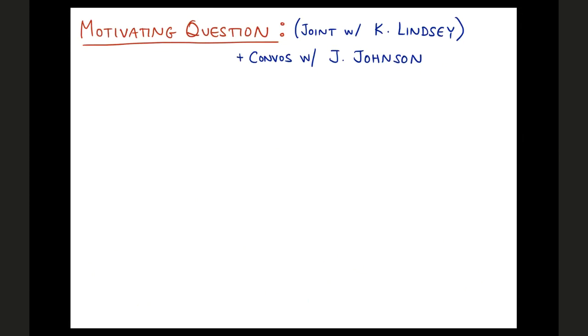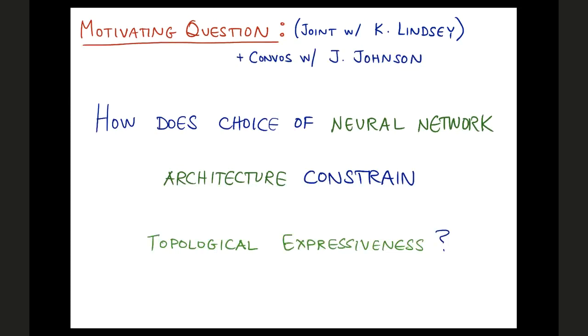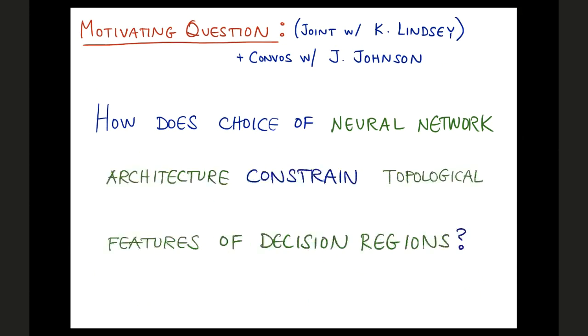Okay, so the motivating question for me is going to be, how does the choice of neural network architecture constrain the topological expressiveness of the functions that it can express? So again, I haven't told you what a neural network is. I mean, I did say what I mean by topological expressiveness.